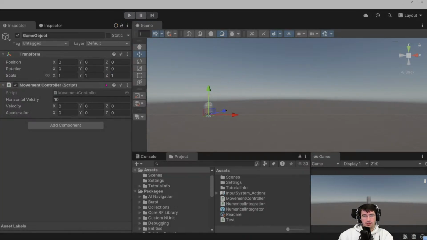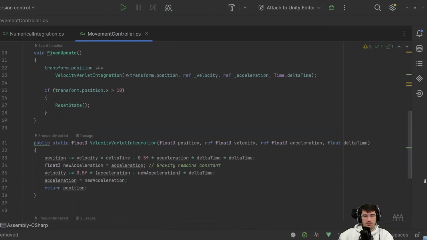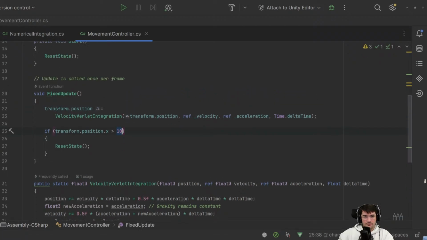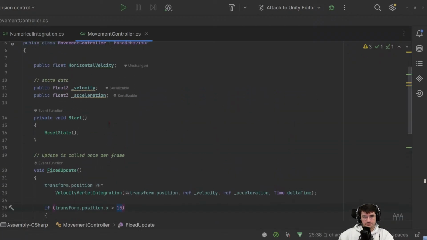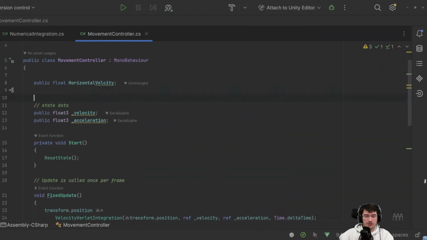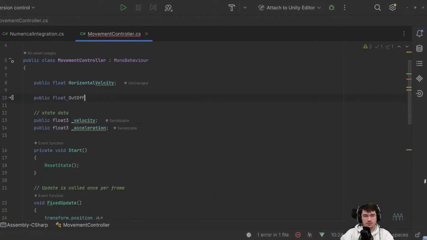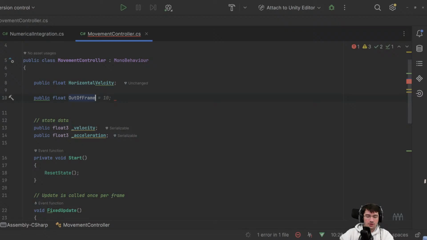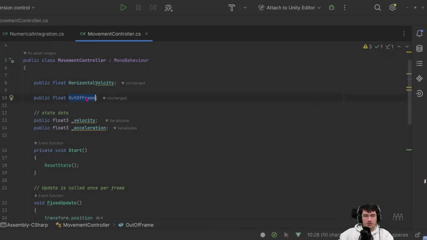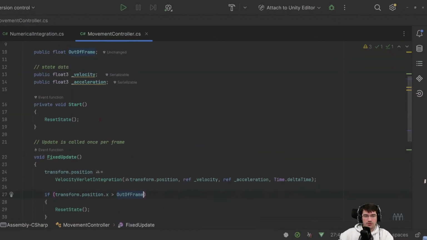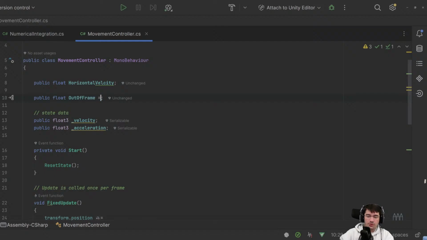So let's let it go a bit further. Public float out of time. Okay, and if it's out of time, and the default will be 30.